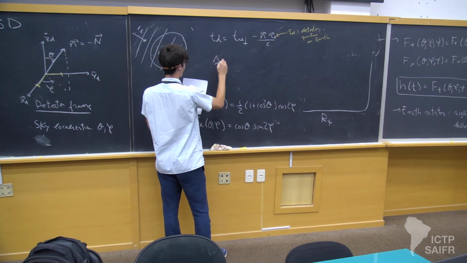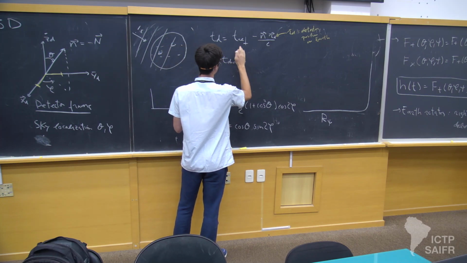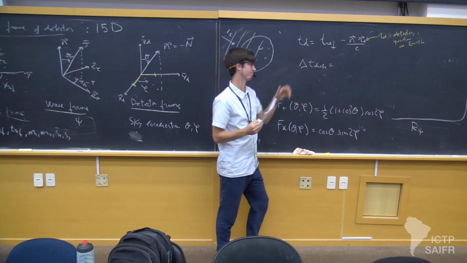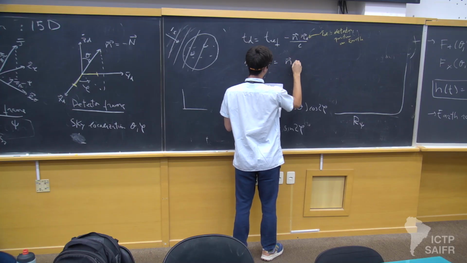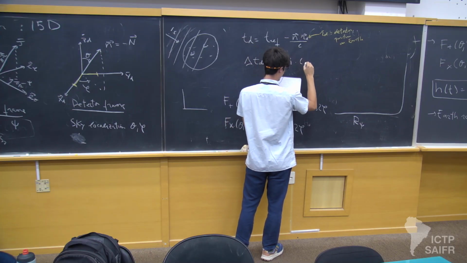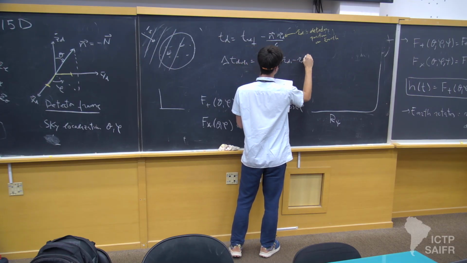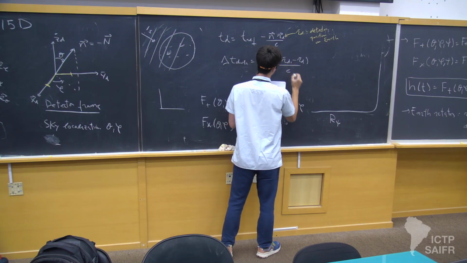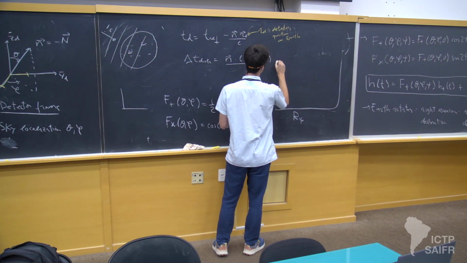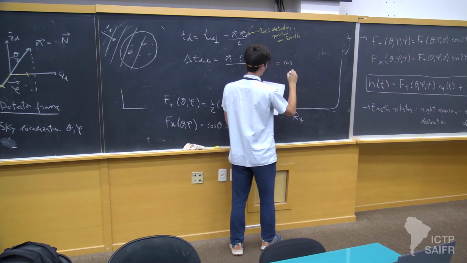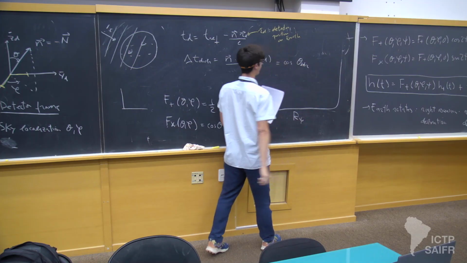So if you compute the difference in arrival time between two detectors, the common arrival time goes away. And then you just get the direction of propagation times the difference in the positions of the two detectors, as a vector product. So essentially, the quantity that you measure is some angle between detector 1 and detector 2.